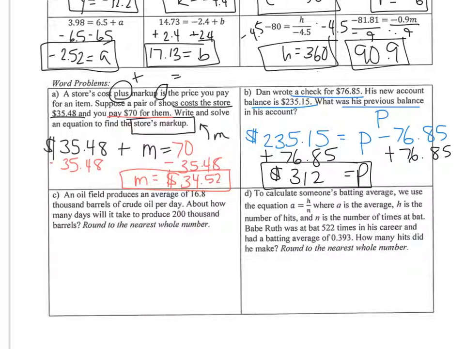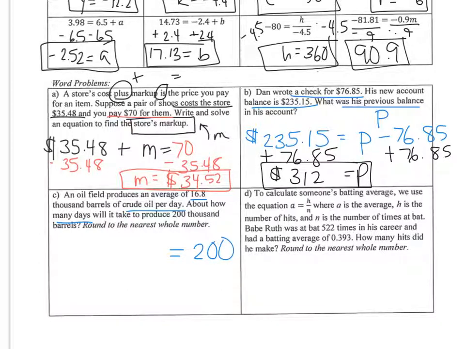Okay, C. An oil field produces an average of 16.8 thousand barrels of crude oil per day. About how many days will it take to produce 200,000 barrels? Round to the nearest whole number.